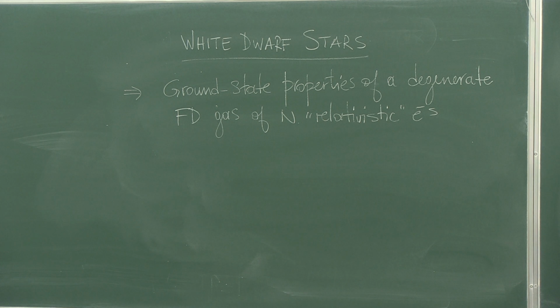And there will be a gravitational pull, collapse, if you like, because of attraction between particles. So these two things will keep the star in equilibrium: Fermi pressure and gravitational attraction.